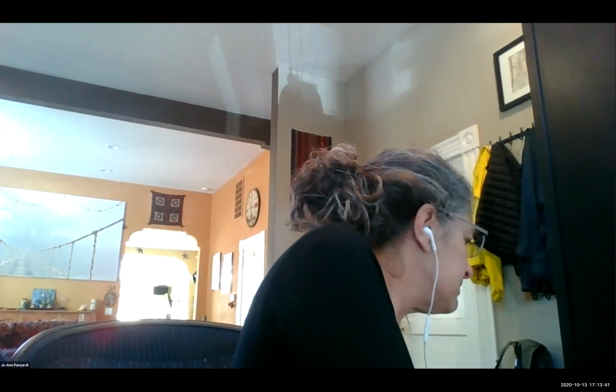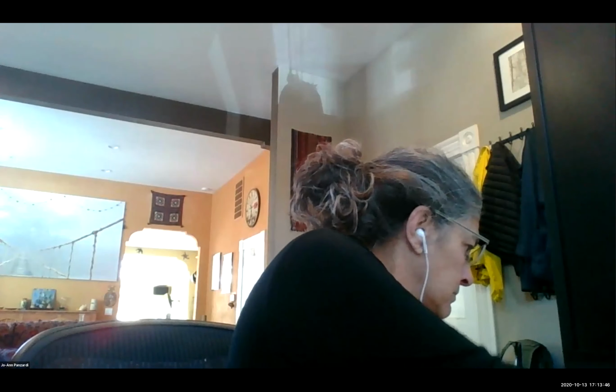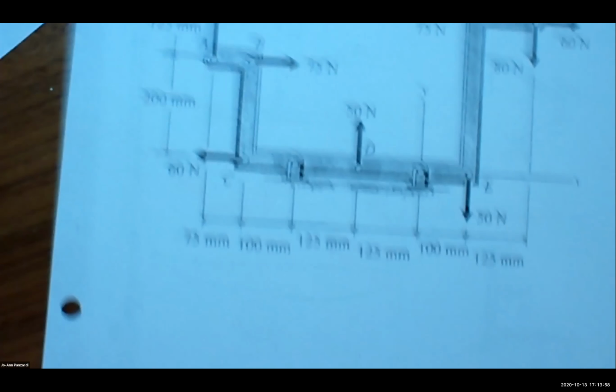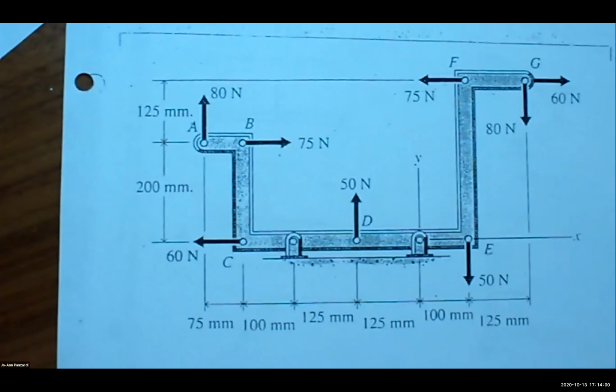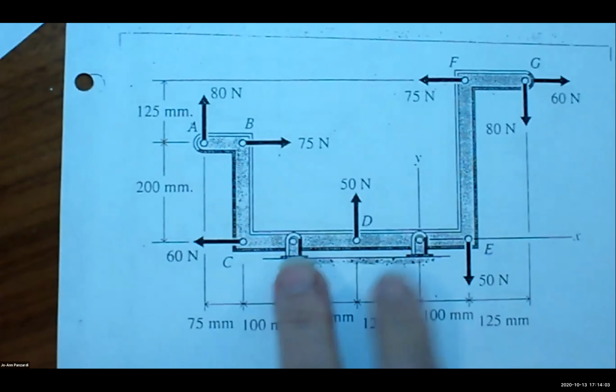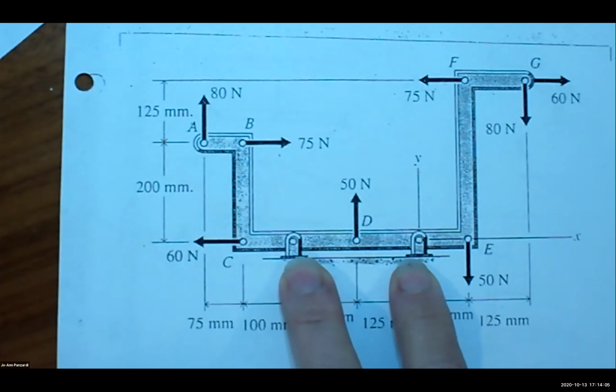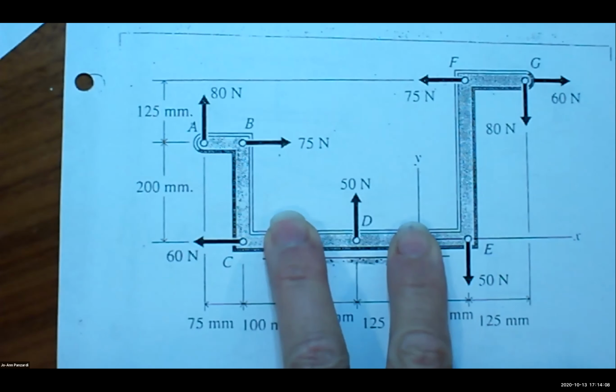Let me pull up the problem. Remember this problem? When you looked at it, the first thing you looked at were these two points where it's connected. And I said, we're ignoring that. Right now, we're learning about couples.